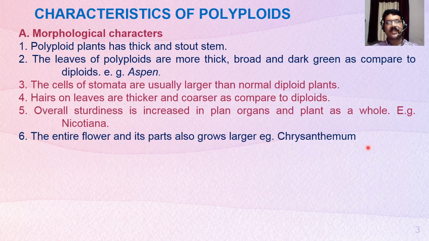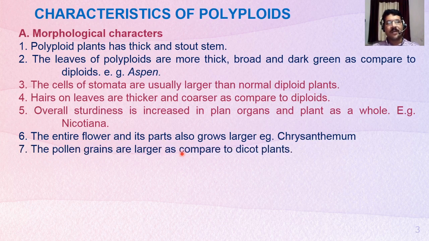For example, a polyploid chrysanthemum plant will produce larger flowers and also larger floral parts, for example calyx, corolla, androecium, gynoecium. All these floral parts are larger as compared to diploid plants.